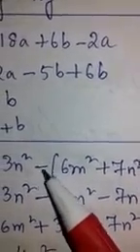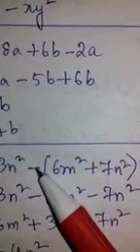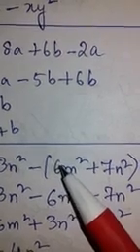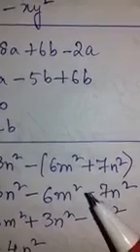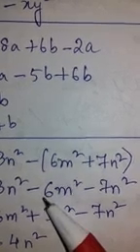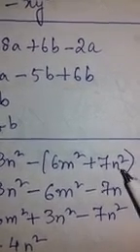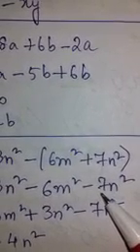So, you can clearly see that a minus sign is present before the bracket. So, when you open the bracket, what will happen? Remember, I said that the signs of the terms present inside the bracket will change. So, here you have plus 6m square, it became minus 6m square after opening the bracket, and plus 7n square became minus 7n square after opening the bracket.